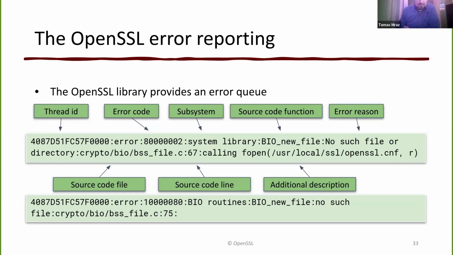But in case of native errors from libcrypto, this can be some short description of the error that we encountered. Then there is a file of the source code and line of the source code where the error was reported. And there can be also some additional description there, which does not need to be there always.